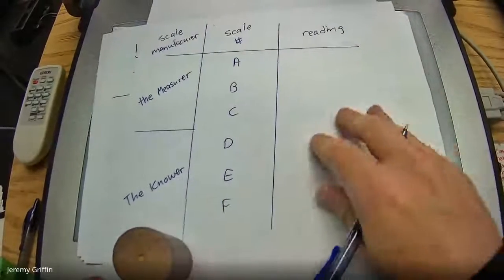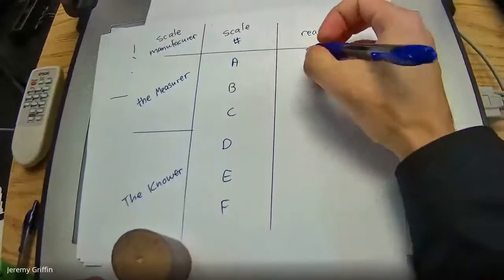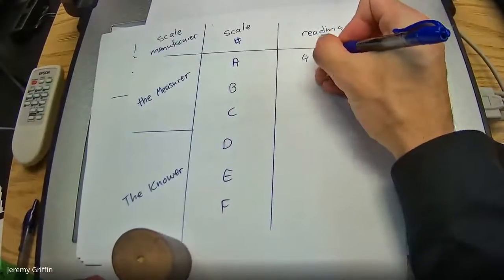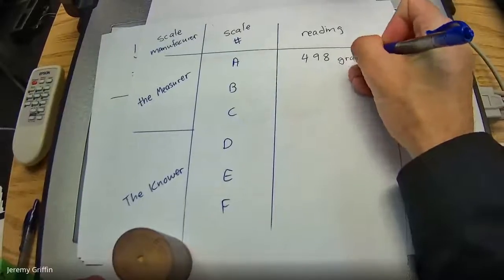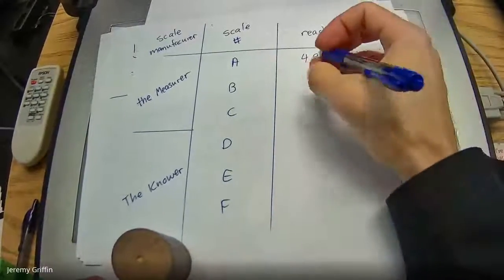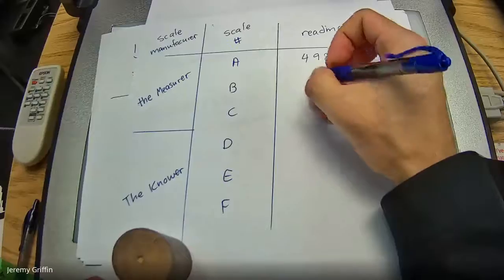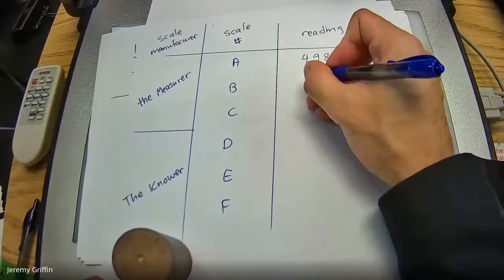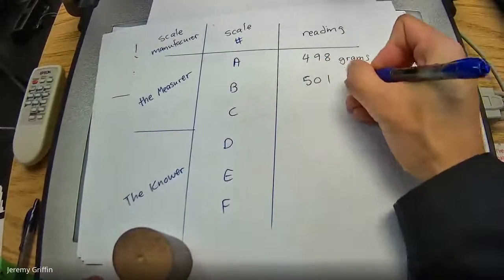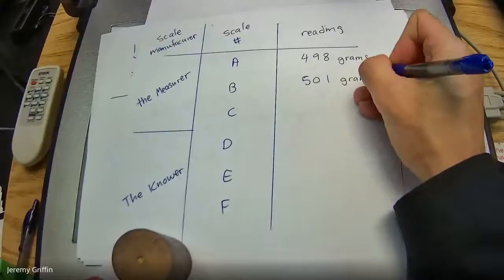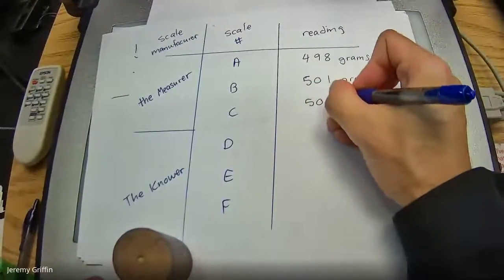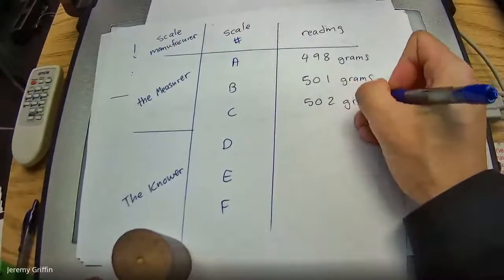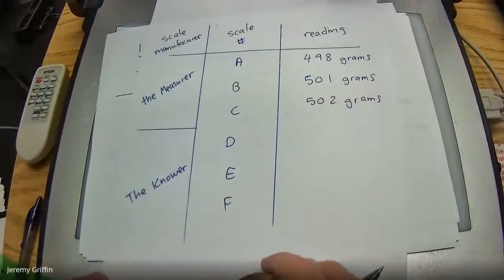Okay. And let's say I get these numbers. So the first scale says it's 498 grams. The next scale says it's 501 grams. And the third scale says 502 grams. Like that. Okay.